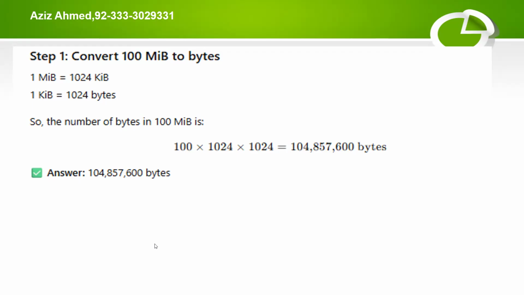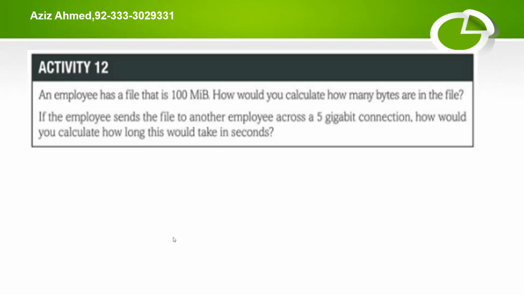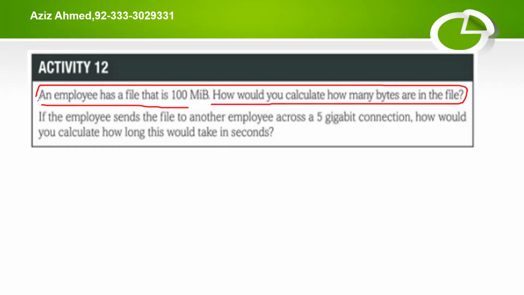Done. You understand? So basically, we have calculated this one. An employee has a file that is 100 megabytes. How would you calculate how many bytes are in the file? You got this one? Yes.